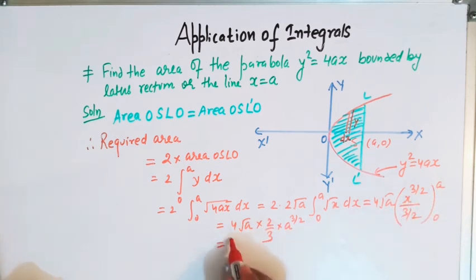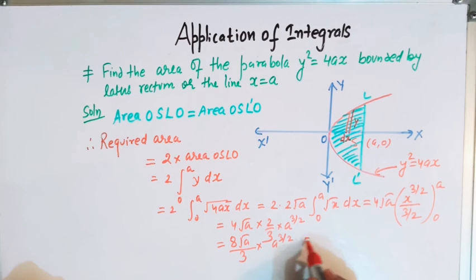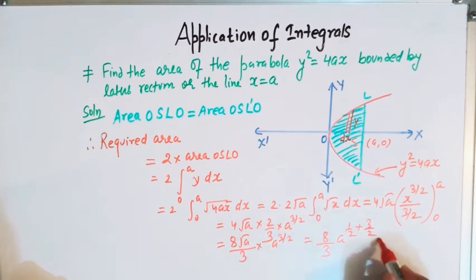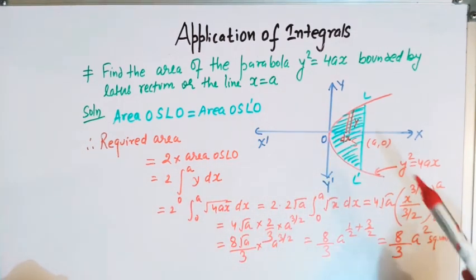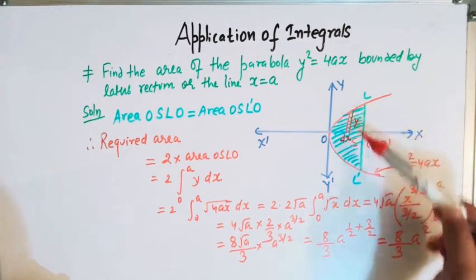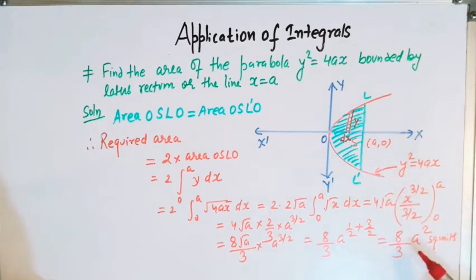Then this can be written as 8 square root of a divided by 3 times a raised to 3 by 2, and this is 8 by 3, a raised to half plus 3 by 2, and we have 8 by 3 a square. So this is the area bounded by the parabola and the latus rectum, right? So this is 8 by 3 times a square units.